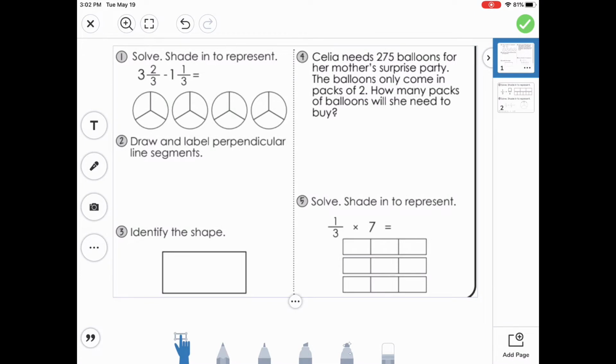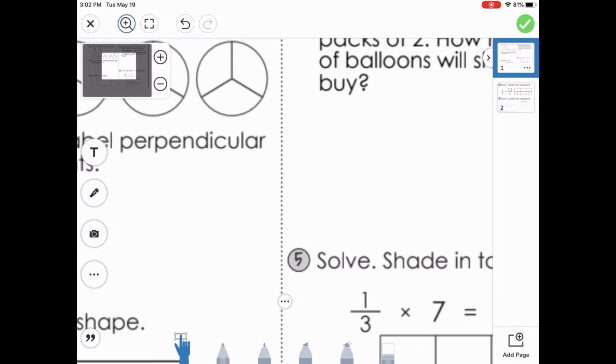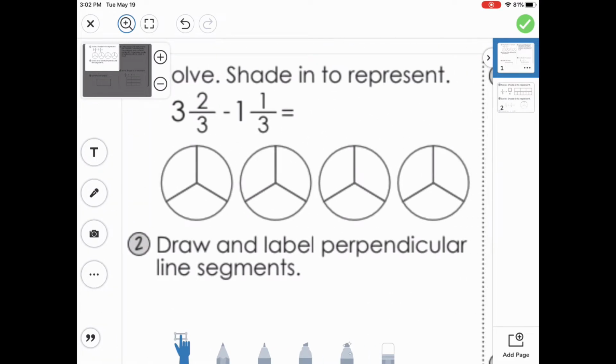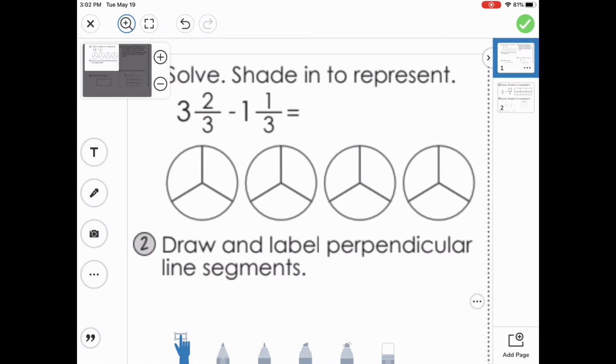I am going to go ahead and get started on question number 1, which is a review of some of the fraction skills that we were working on just recently. We are subtracting the mixed number 3 2/3 minus 1 1/3. And we're going to use the diagram to help represent it. So I'm going to take 1 whole, 2 wholes, 3 wholes, and 2/3.